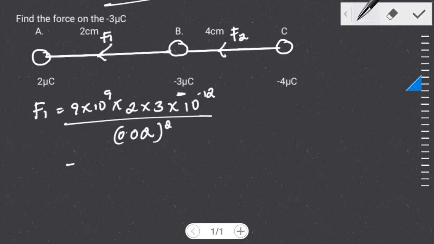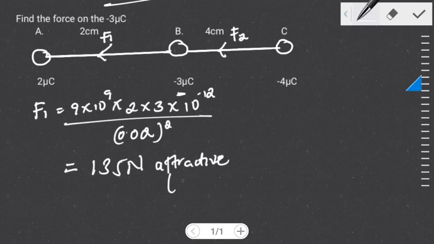So this would be equal to 135 newtons. The force between this one and this is attractive, but the direction would be to the left. And therefore we have got the direction and the force.